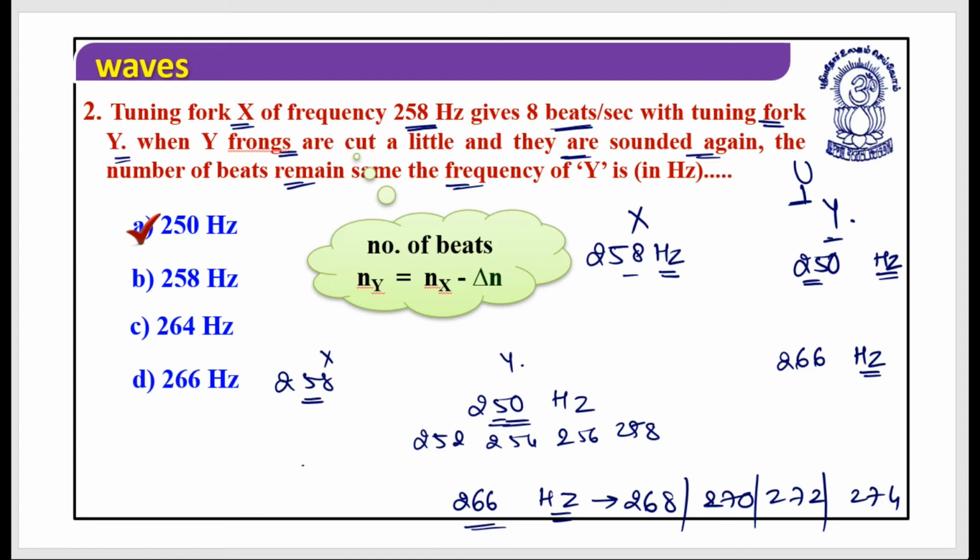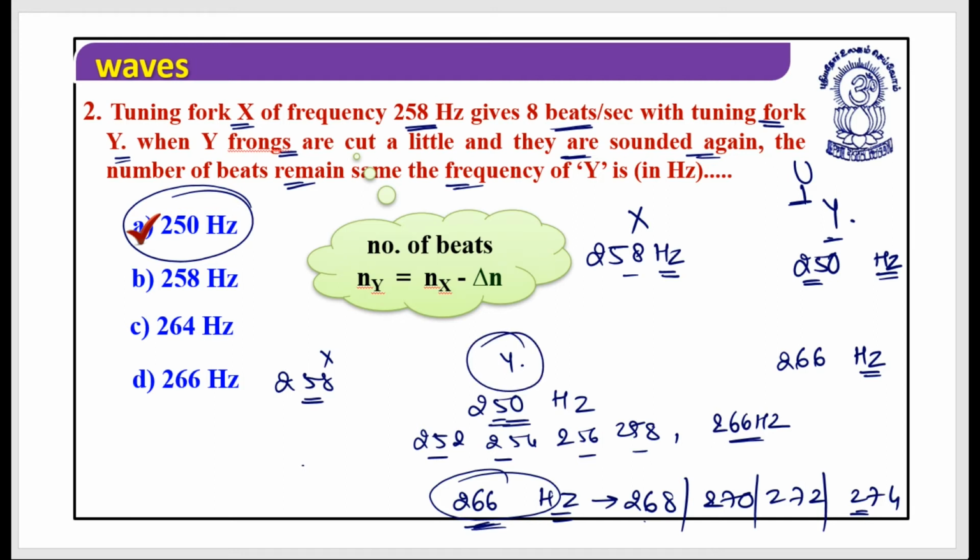If 250 starts increasing, it will keep going and can reach 266 hertz. But if it starts increasing from 266, it will go beyond 266. That means you are not going to get 8 beats per second again. This is simply not possible. But with the other it is possible. So the correct frequency of this unknown Y is 250 hertz.